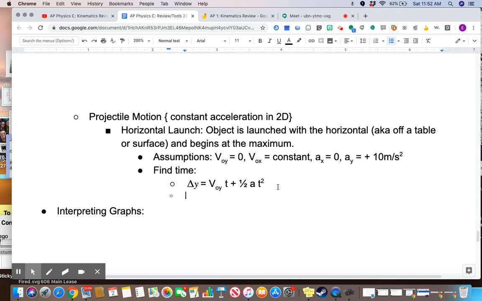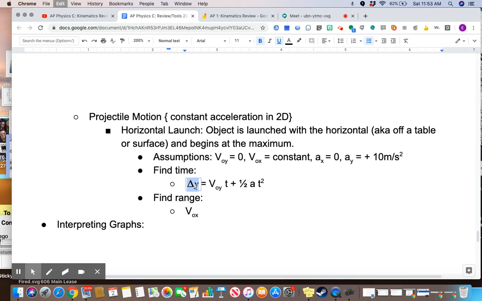Once we have time, we can then use time to find the range, which we manipulate only the x variables. We have delta x equals V0 in the x times t. And you can obviously use your cheat sheet or this review sheet on your AP exam.